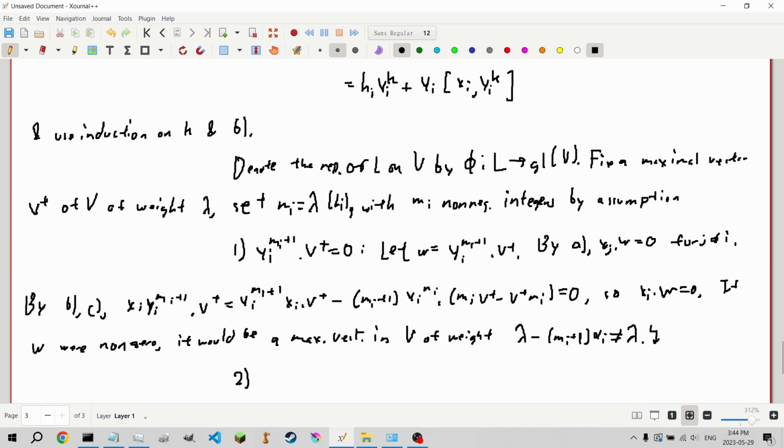Part 2 is for each i, V contains a non-zero finite dimensional Si module.